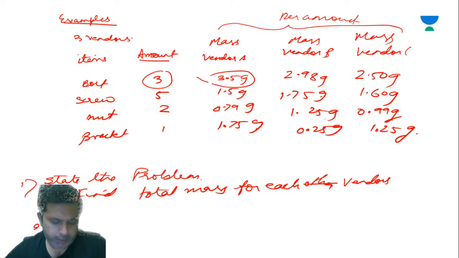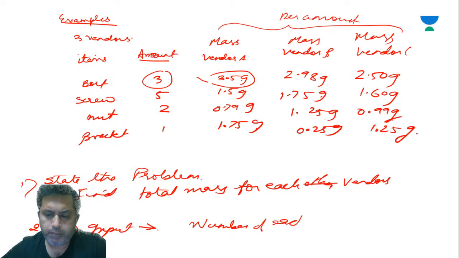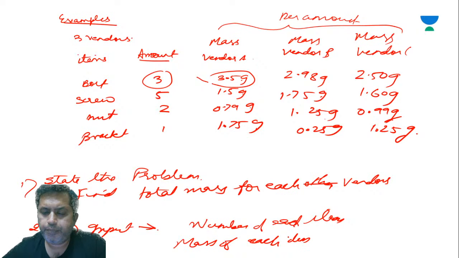Okay. Second is input. The input is the number of each item, the mass of each item, for each vendor.